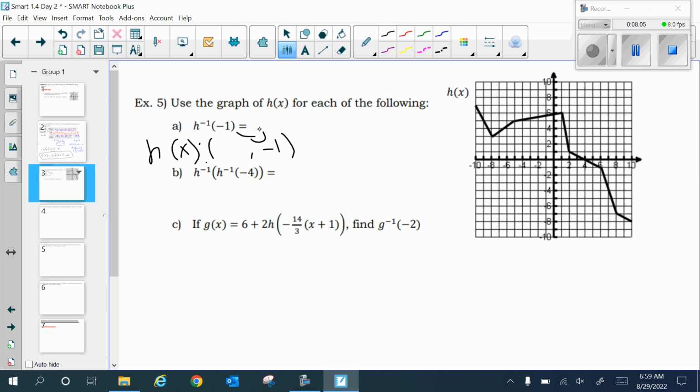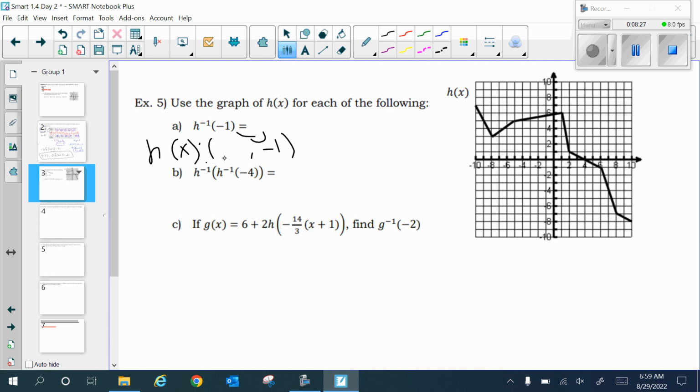So I need to figure out the x value of the regular function to get the y value of the inverse function. Remember, the x's and y's flip.